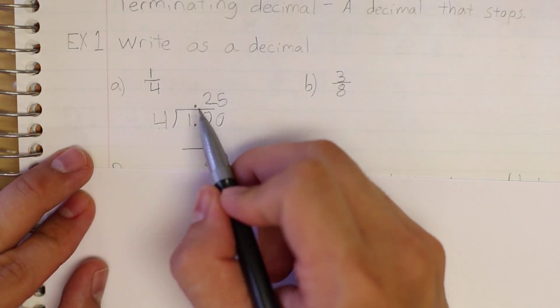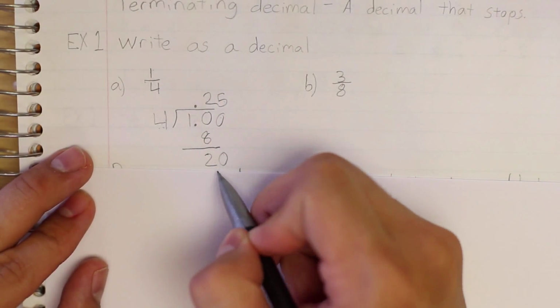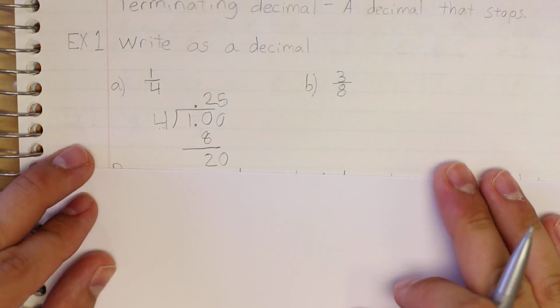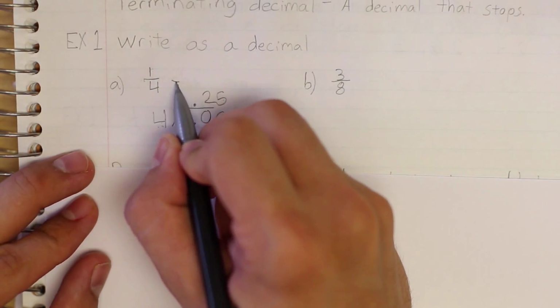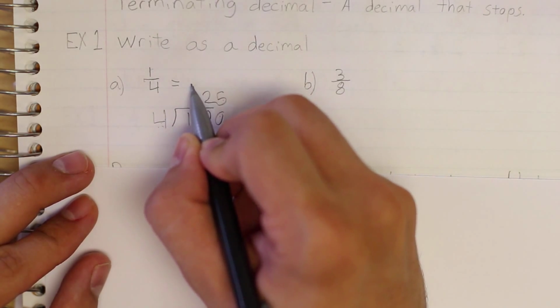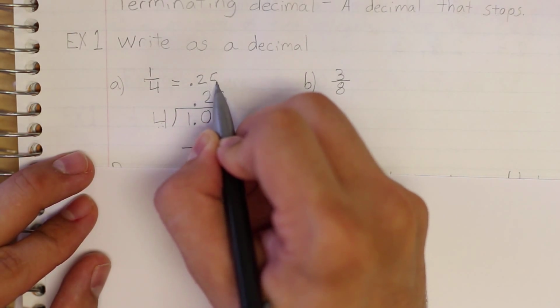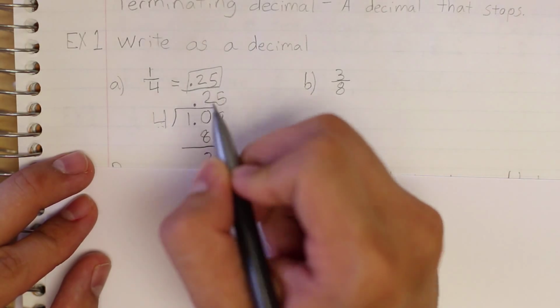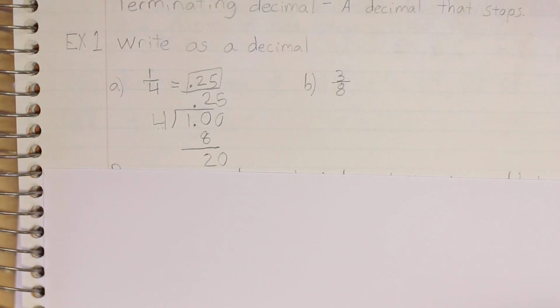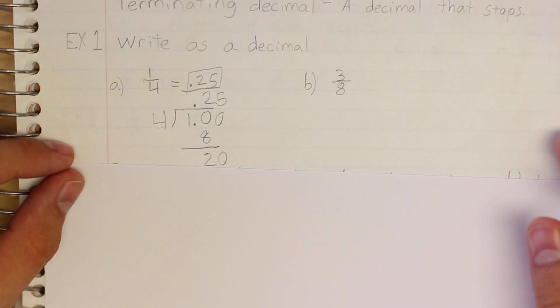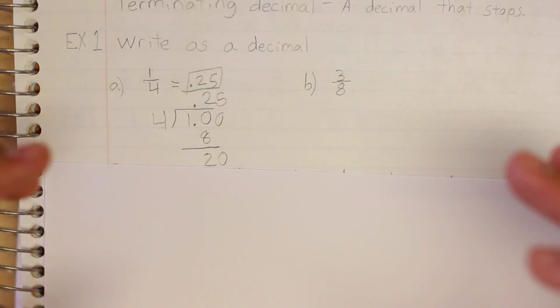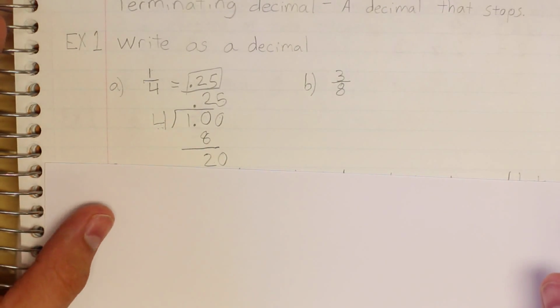And if you multiply 5 times 4, you get 20. And that's going to get us to the end, okay? So this as a decimal is equal to 0.25. All right? You want to make sure you have enough room. Okay, you might want to space a little bit more than I have.